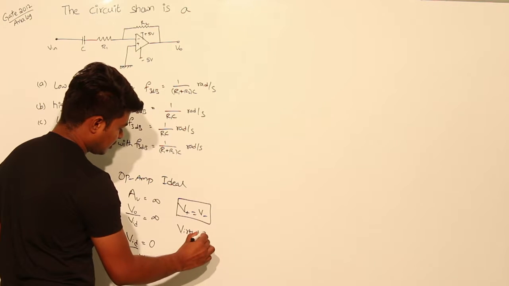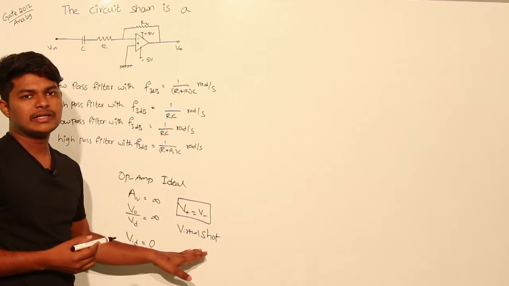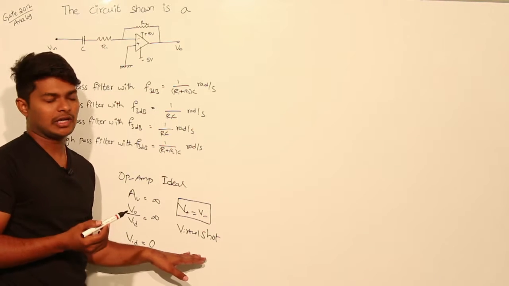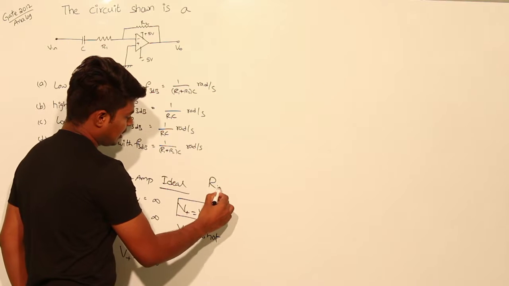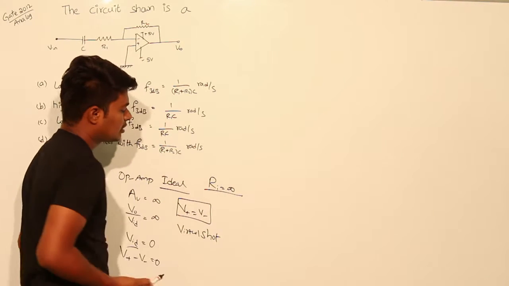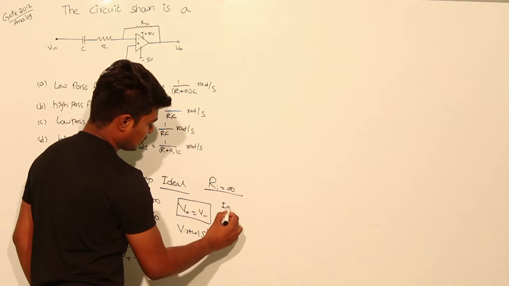Virtual short is a condition where the voltages at the inverting terminal and non-inverting terminal are the same. For an ideal op amp, input impedance Ri is equal to infinity. By this, no current flows through the op amp. So current flow is equal to 0.